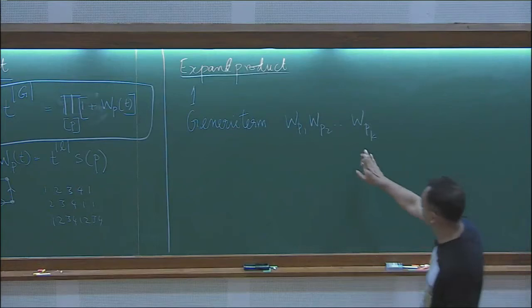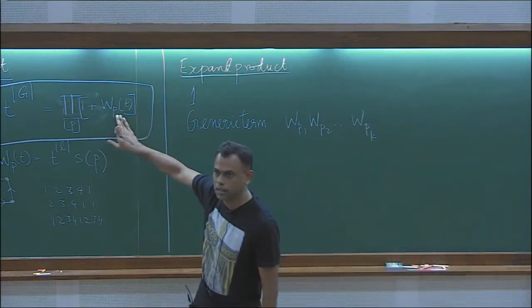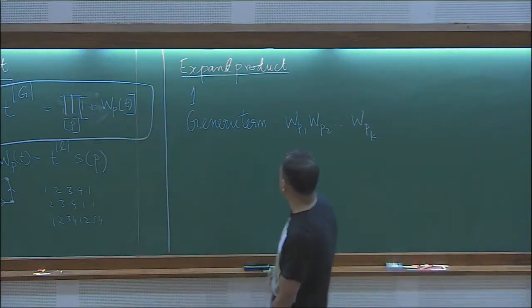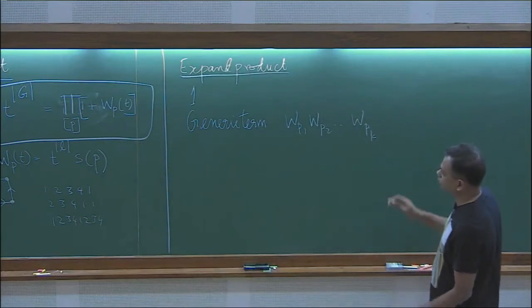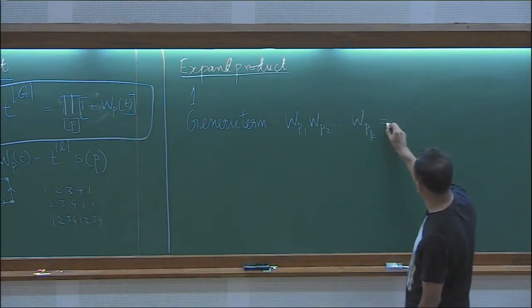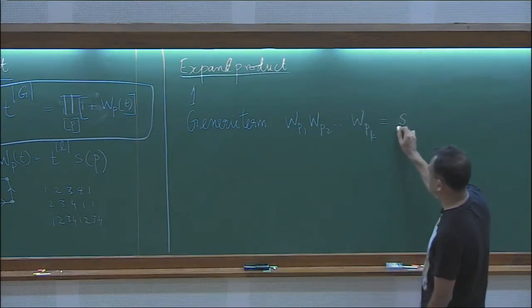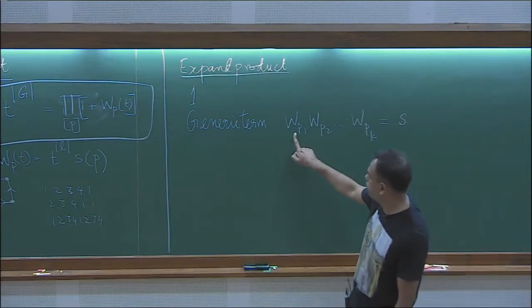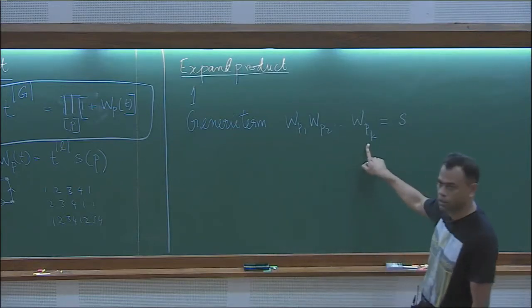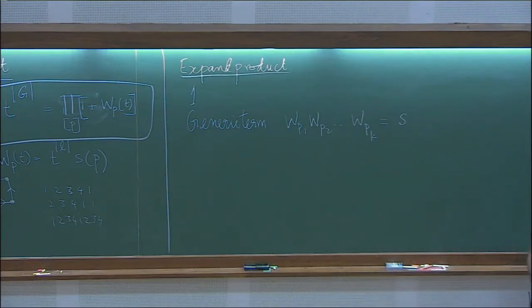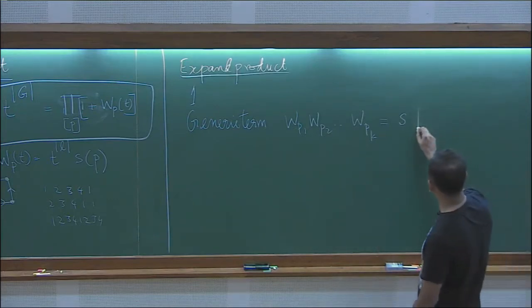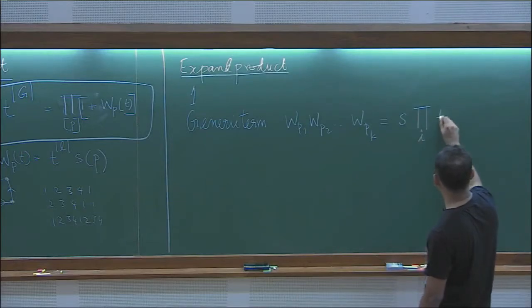This is the general term in the expansion of this product. So what is the weight of this? This is equal to some sign, which is the product of the signs of P1, P2, P3, ... Pn. It could be -1 or +1, we do not know, times the product over all the bonds of T to the power Ri.